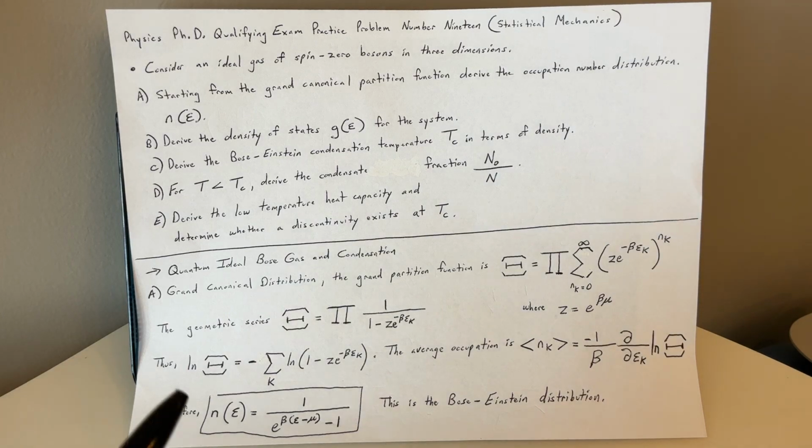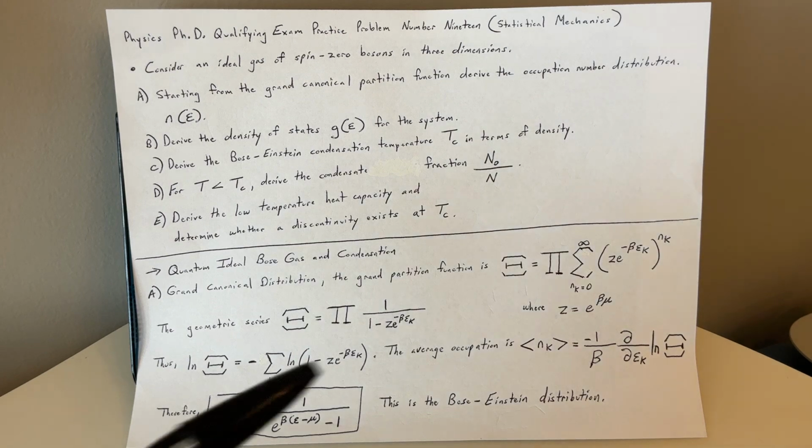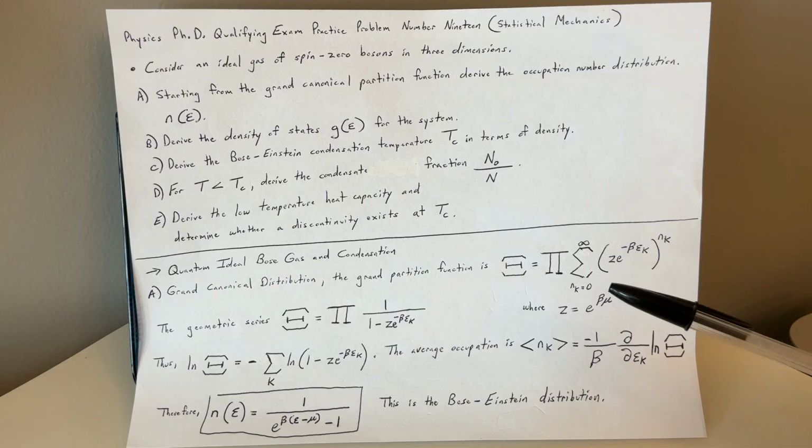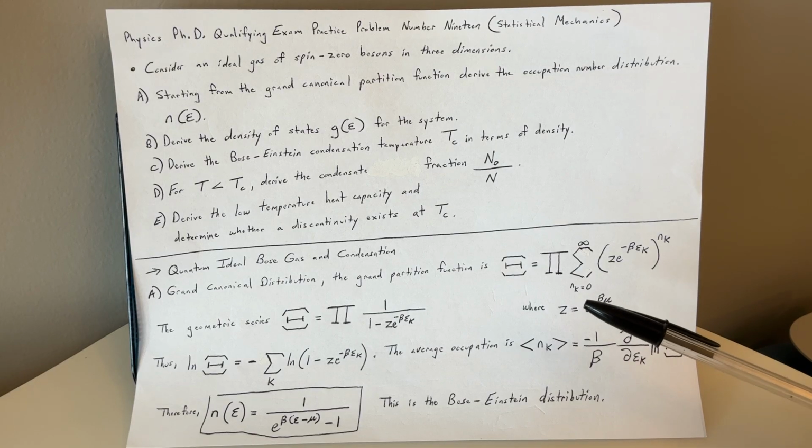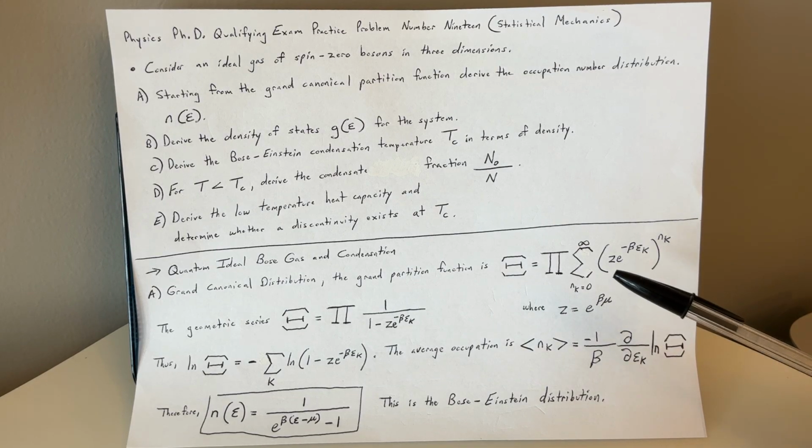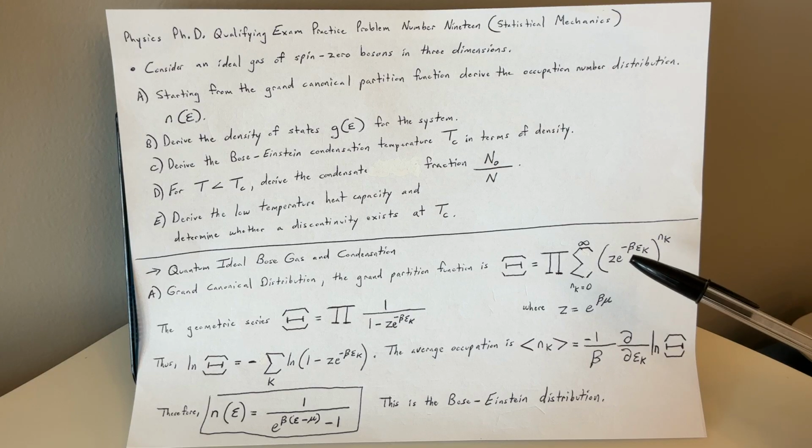So for part A, the grand partition function is capital Xi equals the product, capital Pi, of the sum over n sub k equals 0 to infinity of ze to the negative beta epsilon sub k, that quantity raised to the n sub k.